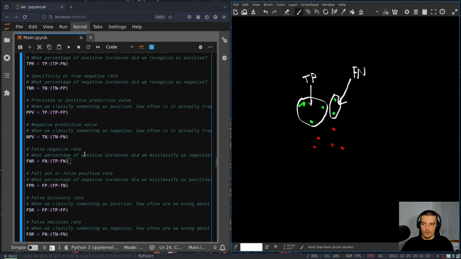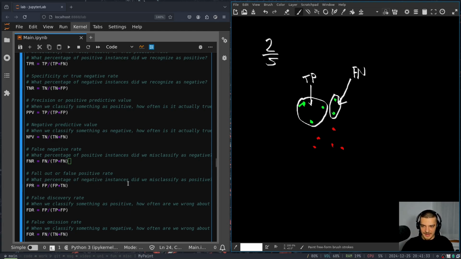The question is, what percentage of these were classified correctly? So in this case, 3 out of 5, so 3 divided by 5 would be the correct answer, or actually the opposite, sorry. This is the false negative rate, so it's the opposite. It would be 2 divided by 5. That would be my false negative rate. How many of them did I misclassify as negative?